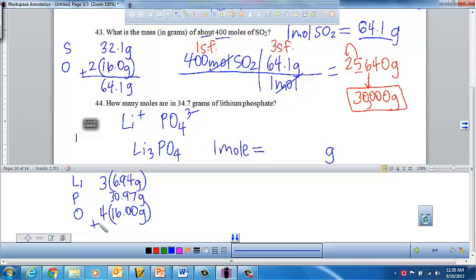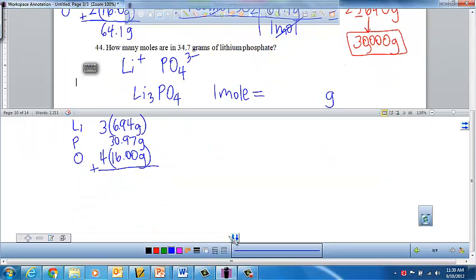So we need to add up all of these. Let's see, 6.94 times 3 plus 30.97. And then we want to add in there those oxygens. So I get 115.79 grams per mole. And I'll write that up here again.